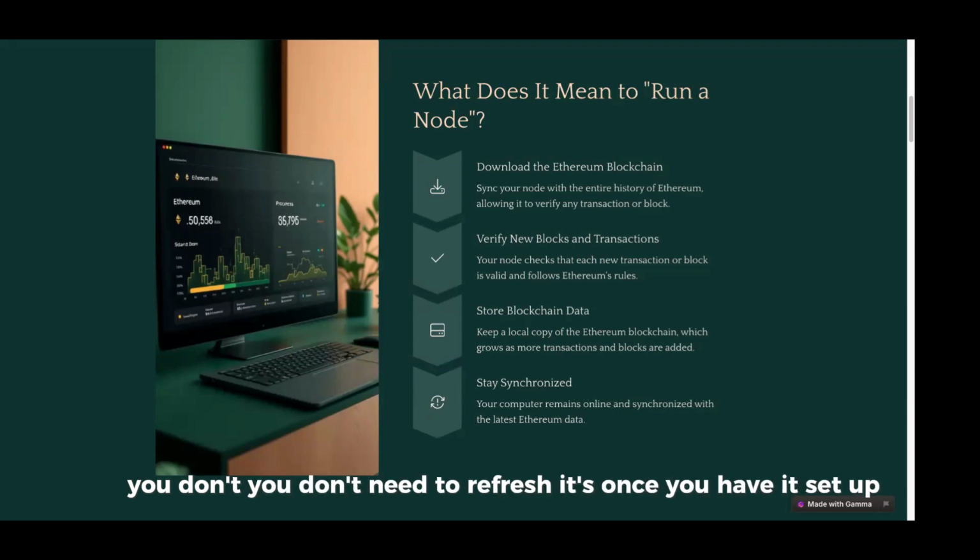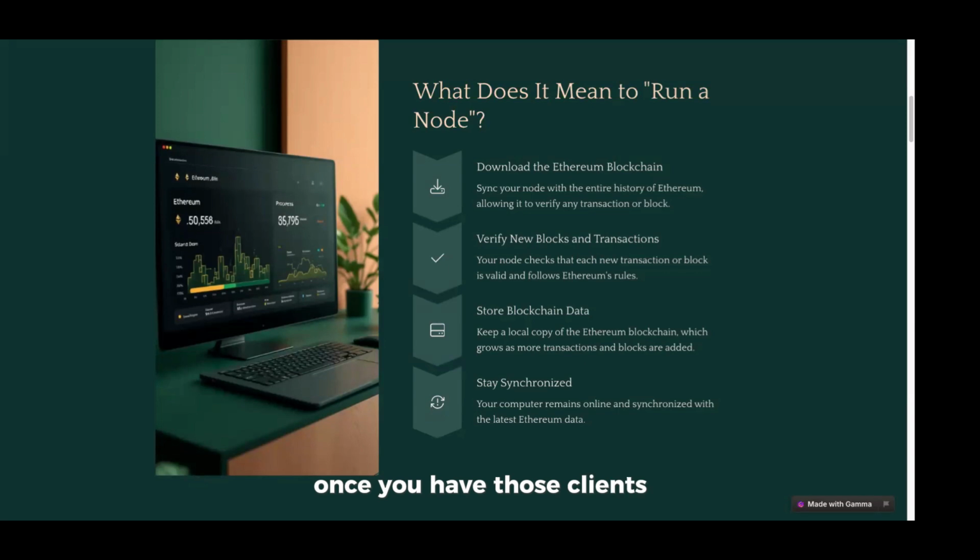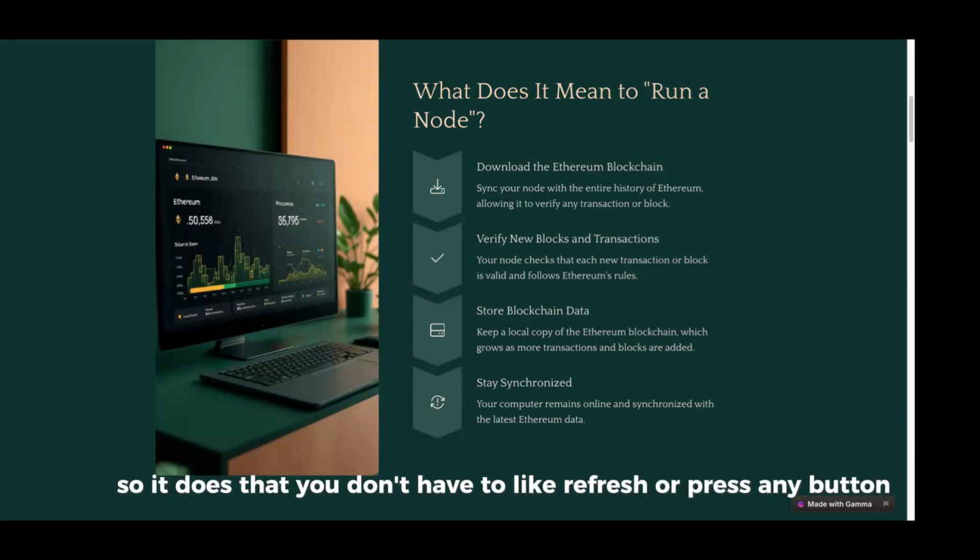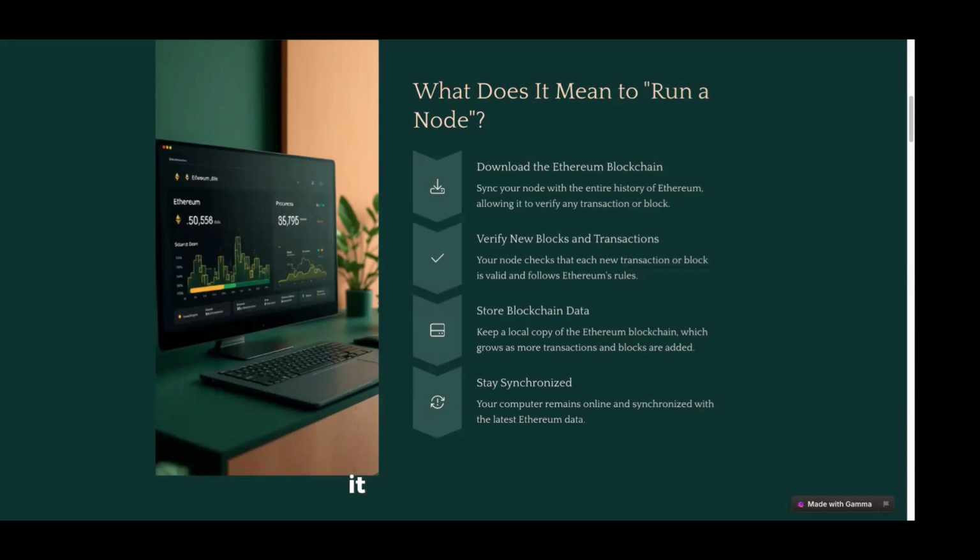Once you have your clients running and properly configured on your machine, it does the syncing. It just syncs, trying to catch up with the peers or the boot nodes in the network. You don't have to refresh or press any button. Once your setup is properly configured, it does that automatically. Okay, all right, thank you.